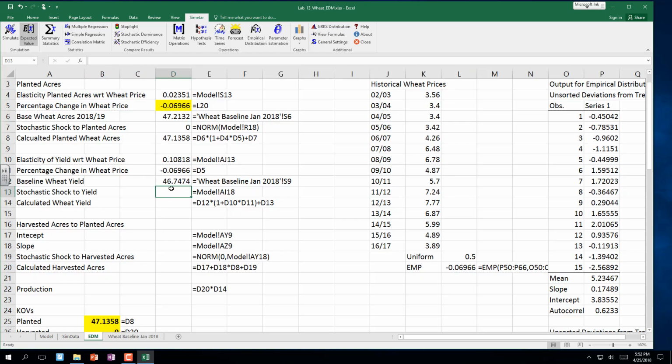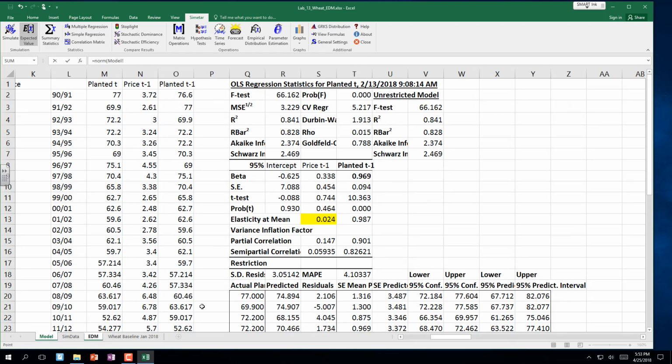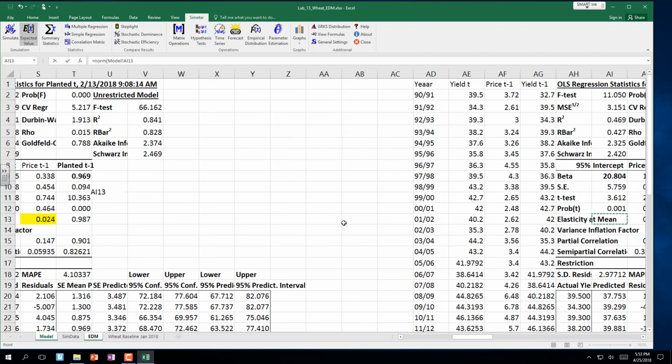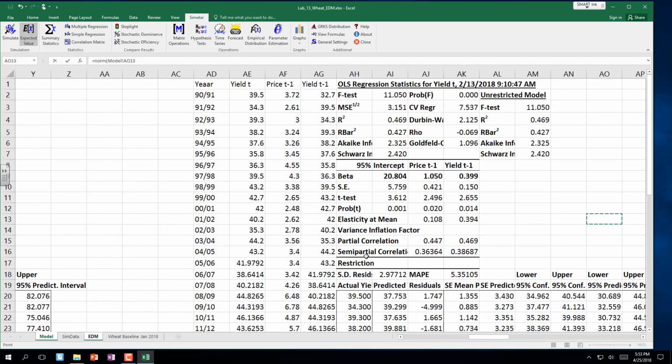Stochastic shock to yield. Again, that's equal to norm, left parentheses, and it's going to be my model here for yield. I need that standard deviation of the residuals.